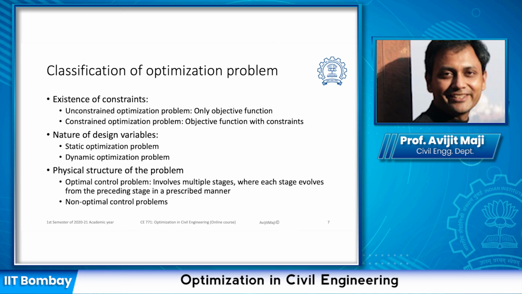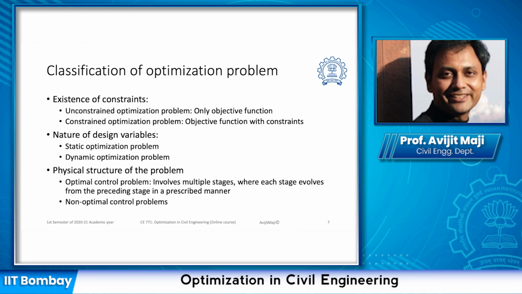For example, if we want to develop an alignment, first we need to identify the cities through which a road or the rail alignment needs to pass. So that is our stage 1. In the second stage, once we identify those locations, we need to come up with a corridor through which the alignment is going to pass. So that becomes stage 2.